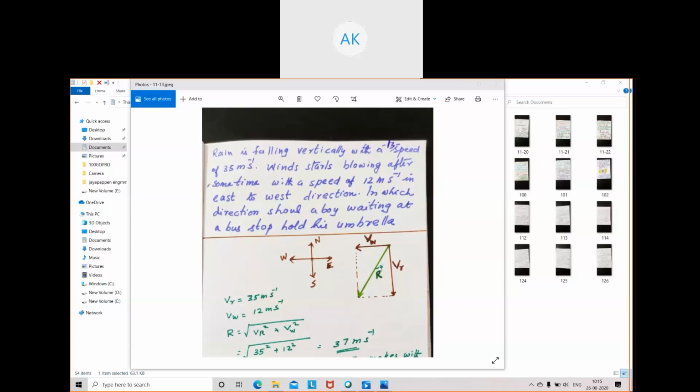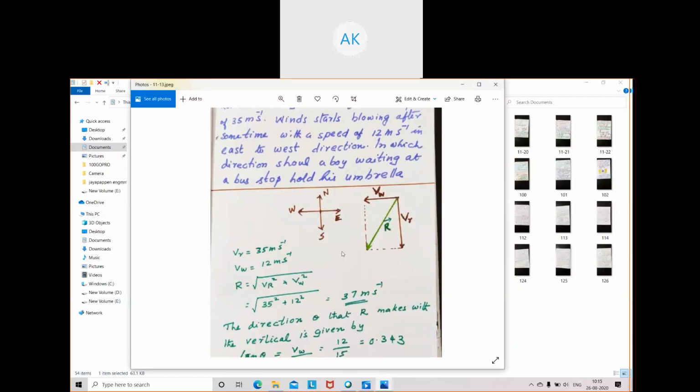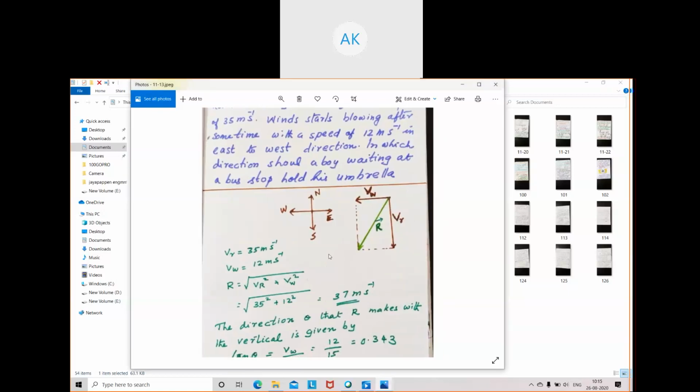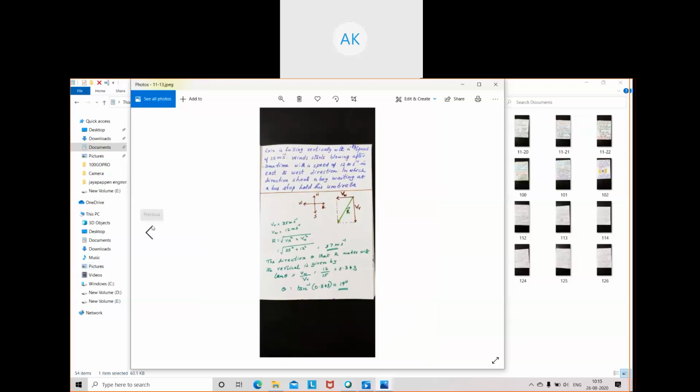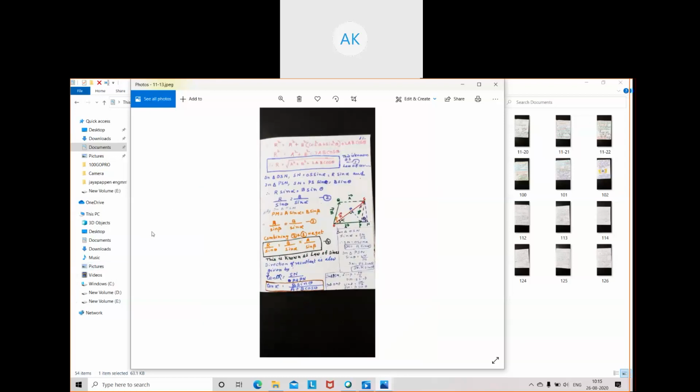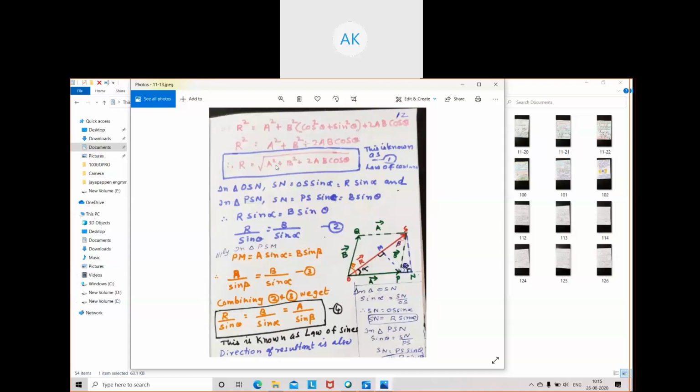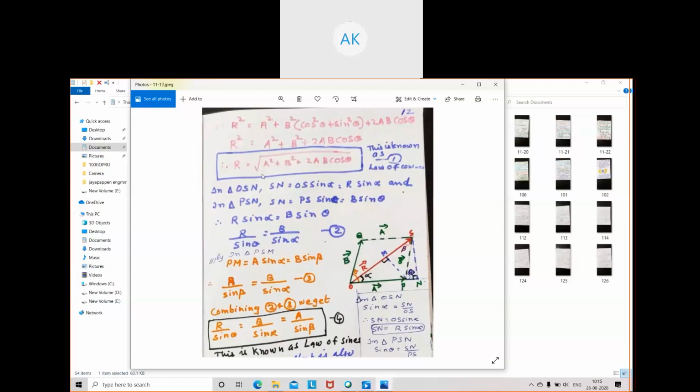Okay. So how will you find the resultant? While studying the derivation part, we got the formula. R equal to root of, I will show the formula. This formula we have studied. You see this formula, root of A square plus B square plus 2AB cos theta.